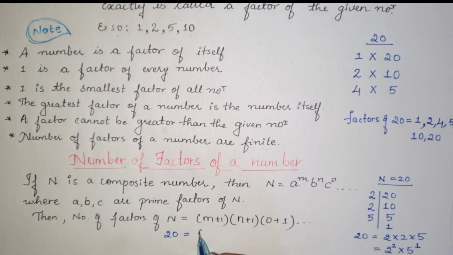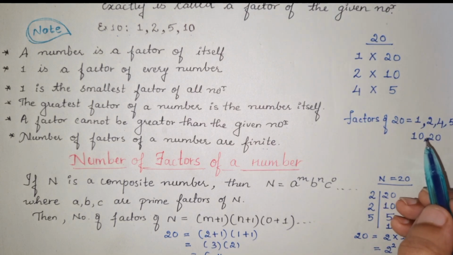The m value is 2 plus 1, the n value is 1 plus 1. There is no third term, so we can neglect the o plus 1 term. So we will get 3 into 2, that is 6. So how many factors does 20 have? 6 factors.